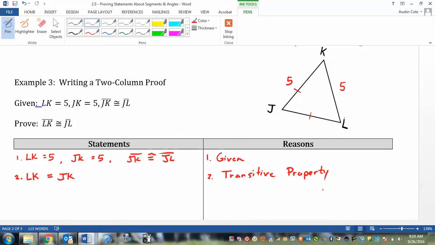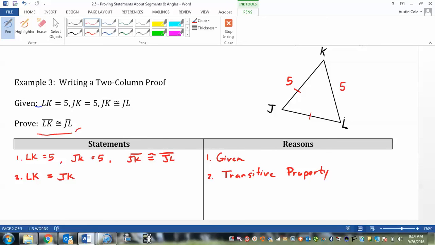Here it's in segment notation, saying this segment is congruent to that segment. You guys agree with me there? Right now we're not talking about segments, we're talking about lengths of. So we need to convert from lengths back to segments. Follow me there? How do I do that?